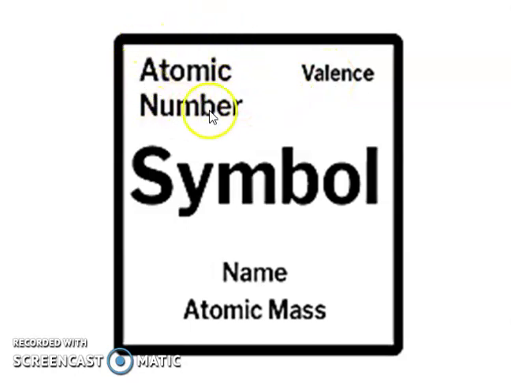So what is atomic number? Atomic number is also known as the proton and electron number. Atomic mass is the total mass of the element, which comes from the total number of neutrons and protons in an atom.